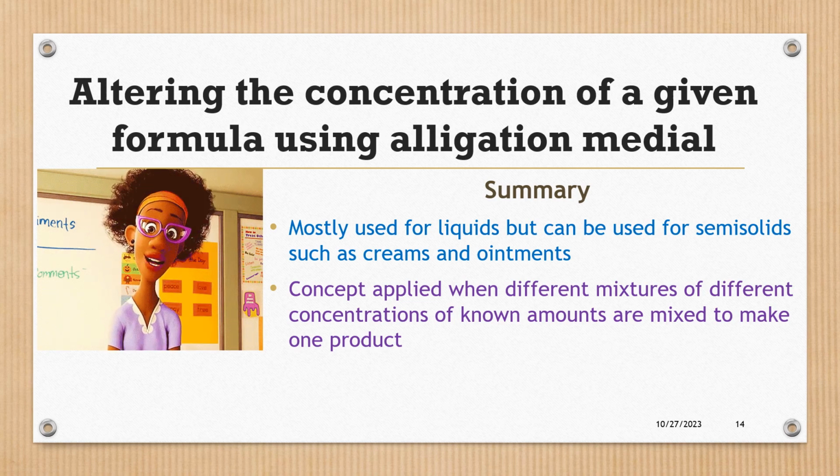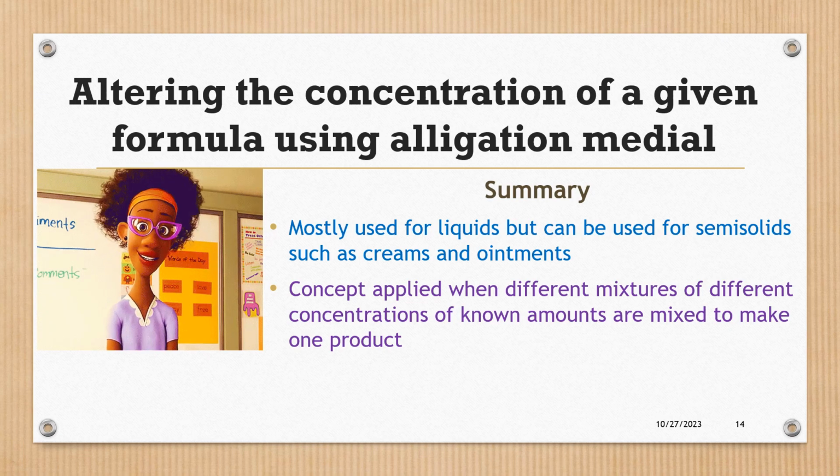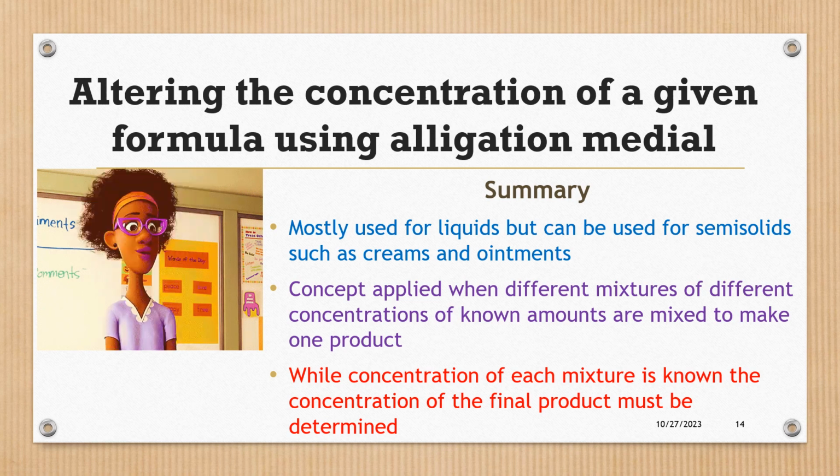You also need to know the concentration of those stocks that you're adding. Once you have those two bits of information, you can determine what the final concentration of the product is going to be, because you know the concentration of each mixture as well as the volume of each mixture that was added to the preparation.